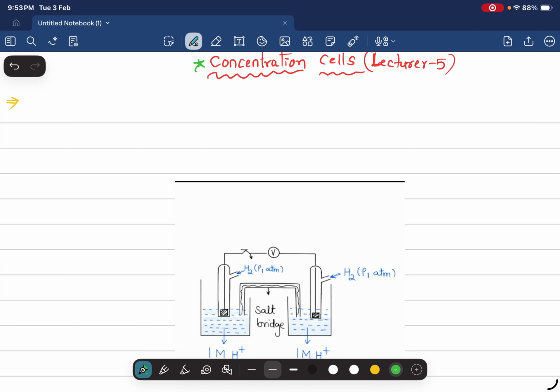So what exactly are concentration cells? You can write the definition.